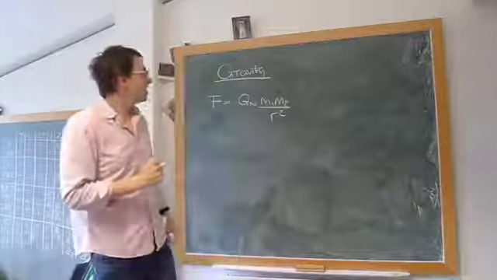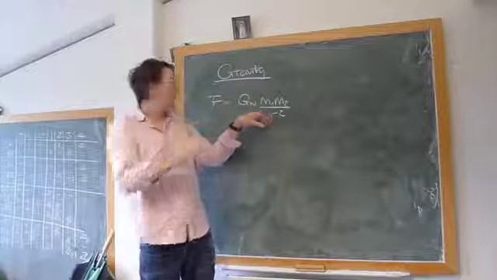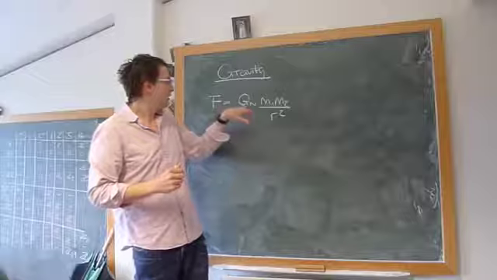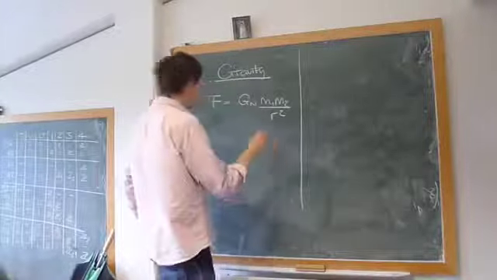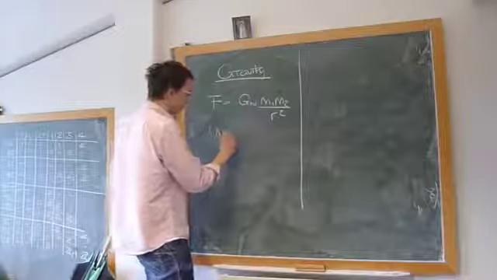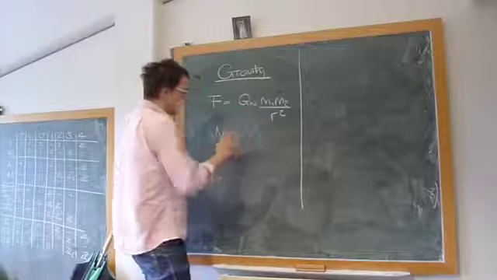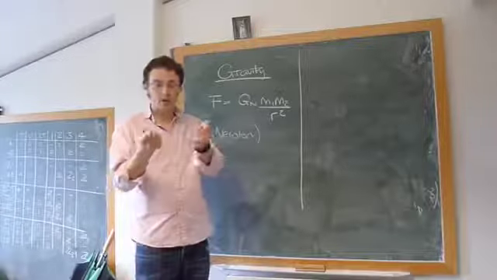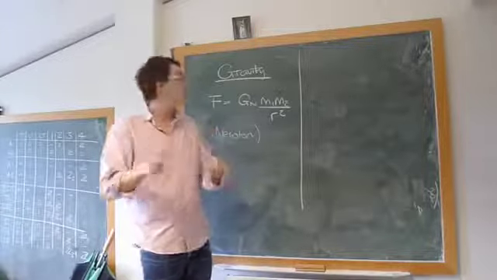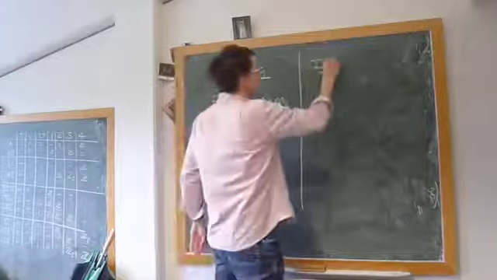Okay. There's another formula I'm going to use just by analogy, which is very similar to this. In fact, it's almost identical to this. So this is due to Newton. And the other formula is due to a guy called Coulomb, and is the electrostatic force between two charges.